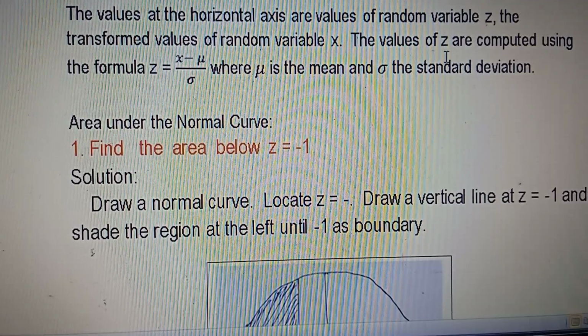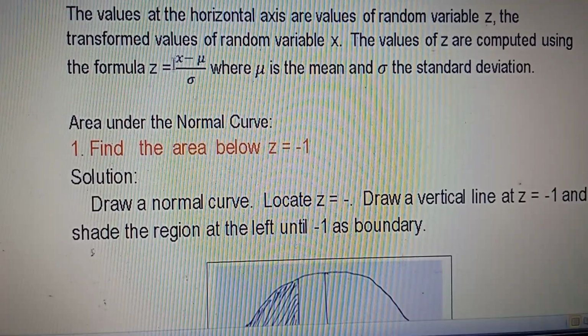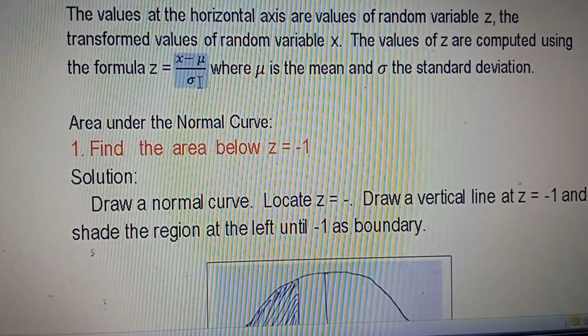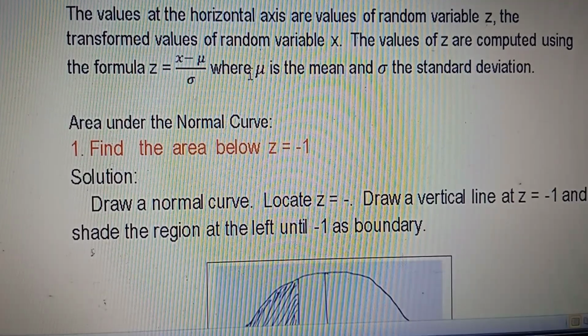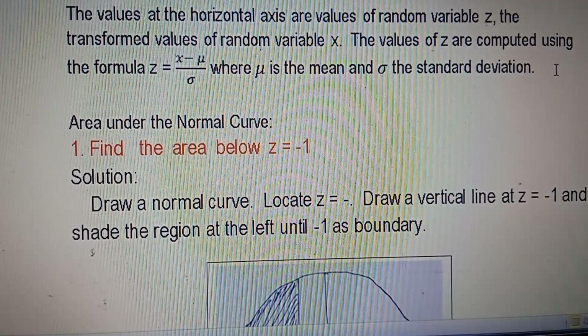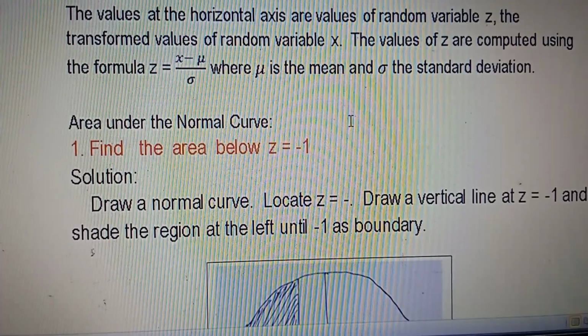The values of z are computed using the formula z equals x minus mu over sigma, where mu is the mean and sigma is the standard deviation. Let's talk about the area under the normal curve.